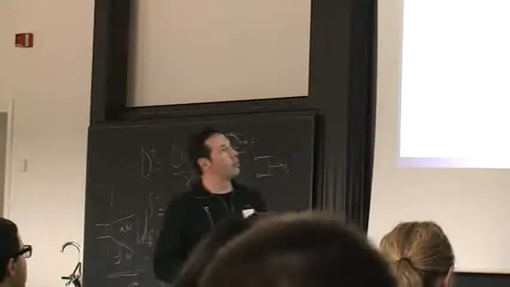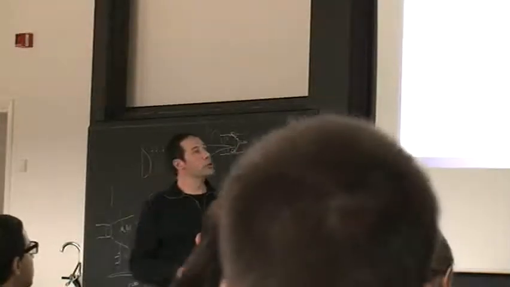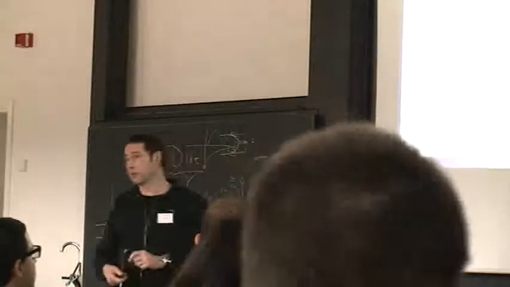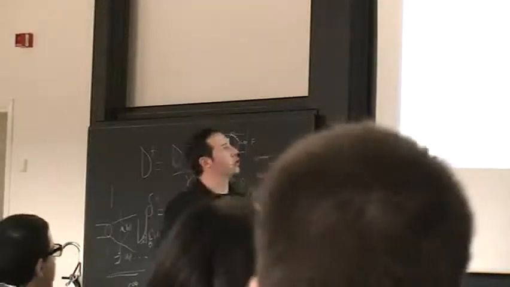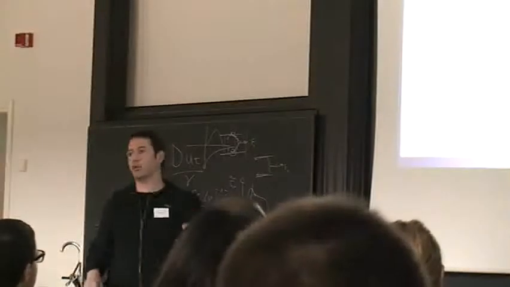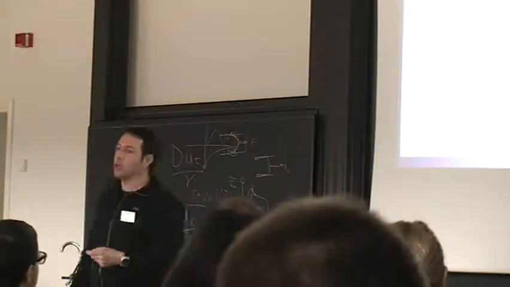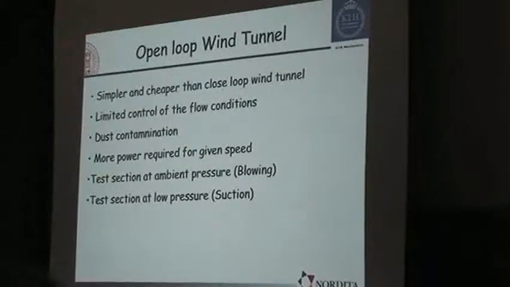The other option is the open loop tunnel. They are simpler and cheaper than the closed loop. But it is harder to control the flow conditions. And as you draw in air from the outside, you're drawing air at different temperatures, and also everything which is in the air. So you can have a filter, but you will always have some particles going into it.